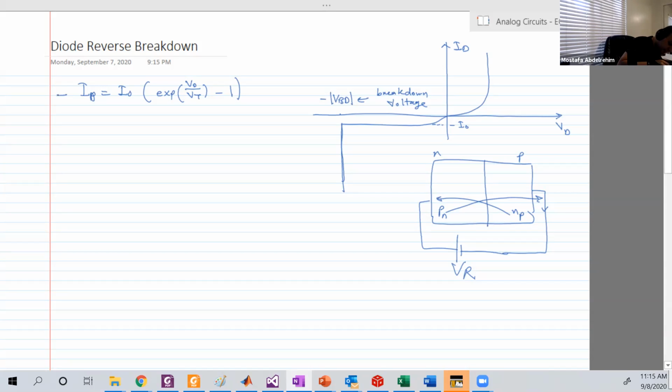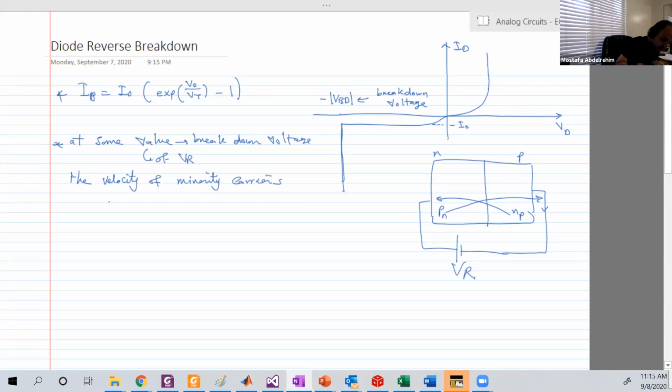So at some value of VR, called the breakdown voltage, the velocity of the minority carriers increases so much.